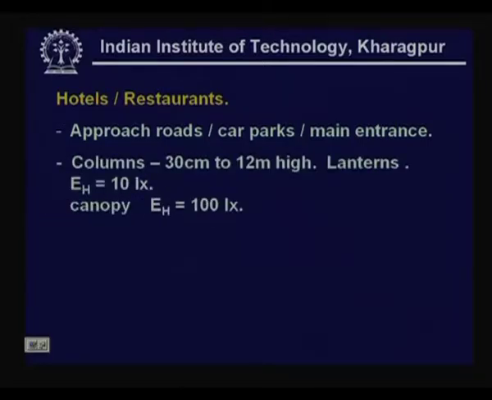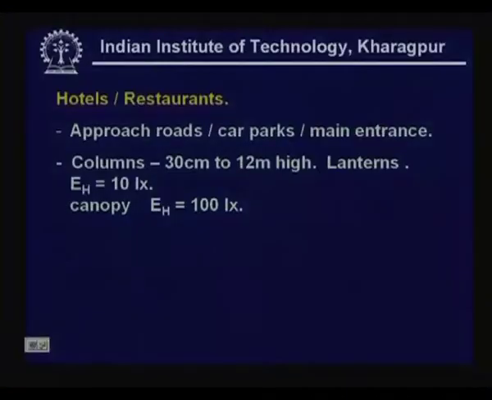They normally use what is called columnar lighting with a horizontal illuminance of 10 lux, or canopy lighting with 100 lux. These are basically those post-top lanterns we were talking about. We had seen a picture earlier. The heights could be anywhere from 30 centimeters to 12 meters high, and in some of the outdoor gardens we have seen small low-height lanterns employed.